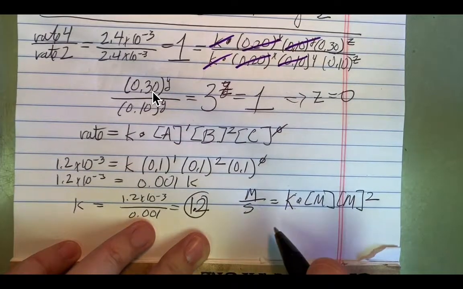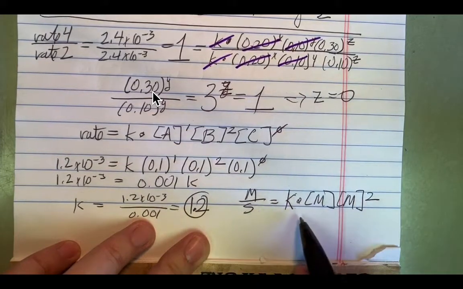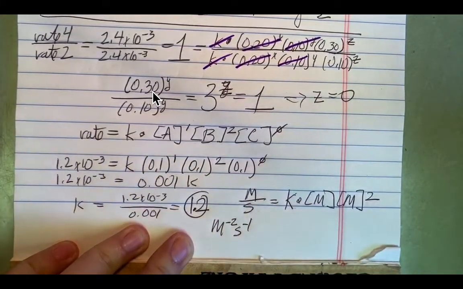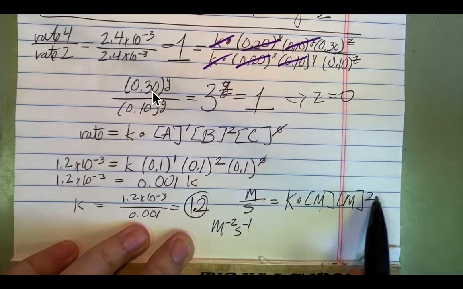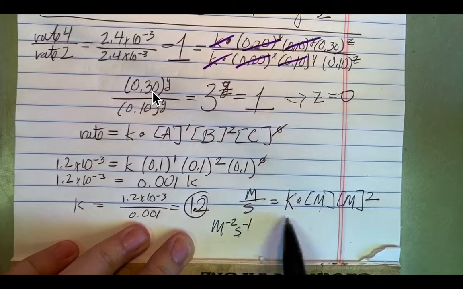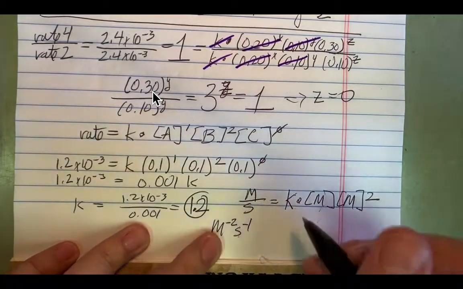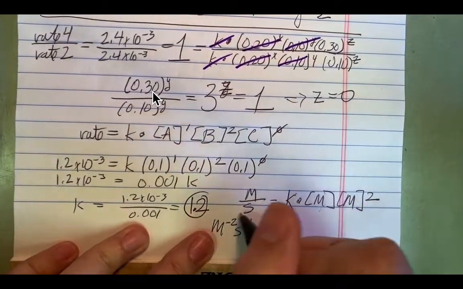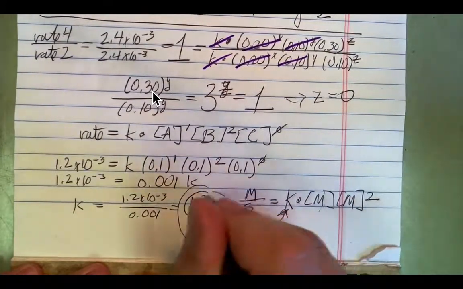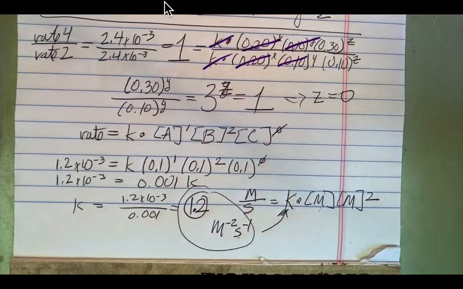And so for this to be true, k would have to have units of M to the minus 2, s to the minus 1. Okay, M to the minus 2 cancels this part out, s to the minus 1 adds the s, and so if we had this as our unit right here, this equality would be true. So we're looking for k equals 1.2 M to the minus 2, s to the minus 1.